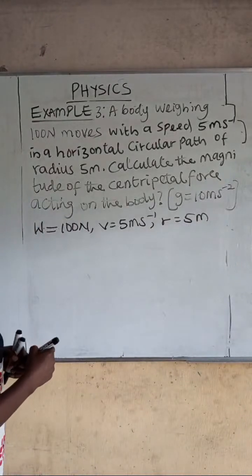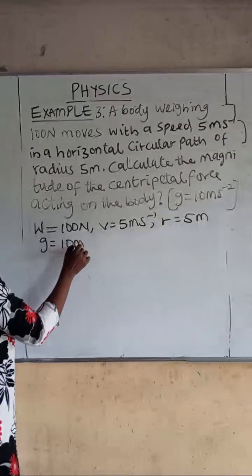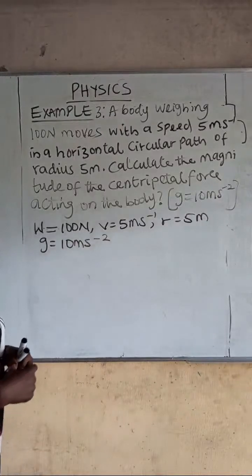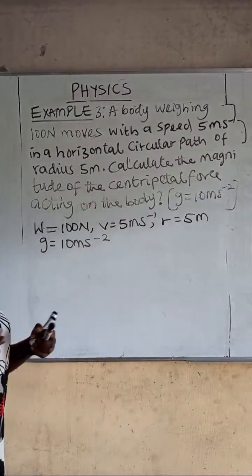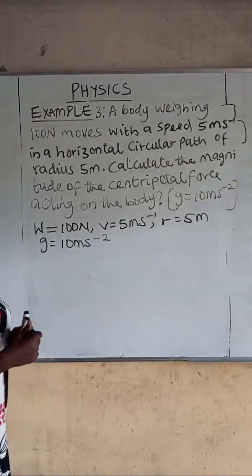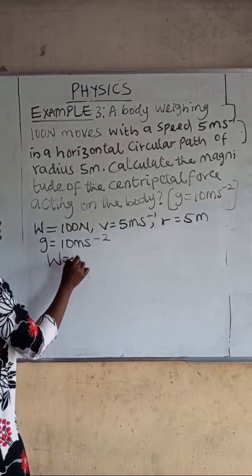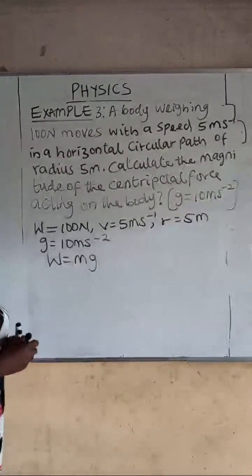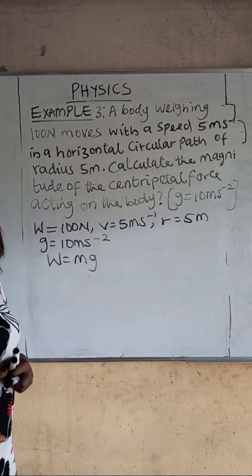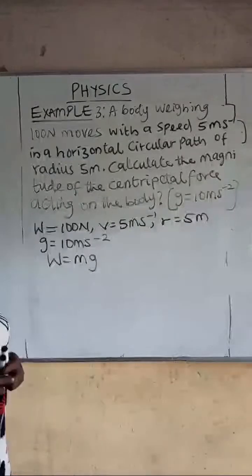Okay, so what do we do? We are given g, the acceleration due to gravity, to be 10 meters per second squared. We don't even have the mass, so we can't solve for centripetal force yet. We get the mass by saying that weight is equal to mg, as we did yesterday. Weight acts downwards and is equal to mass times acceleration due to gravity.